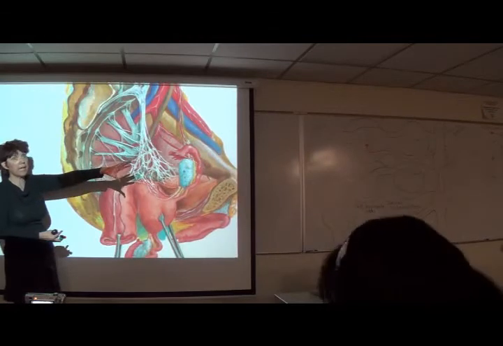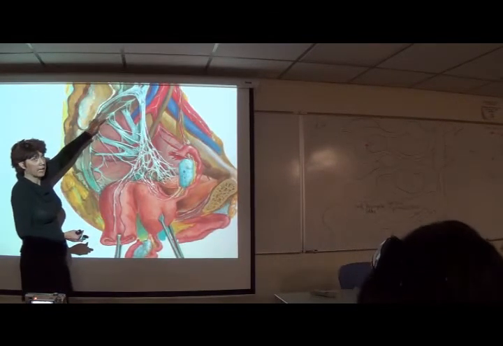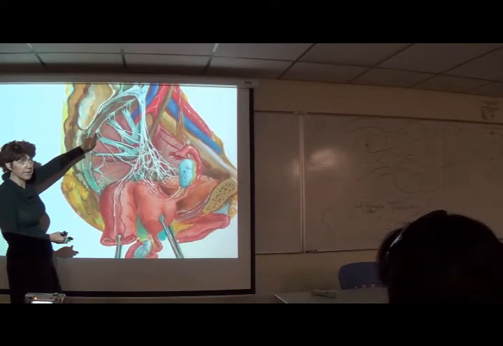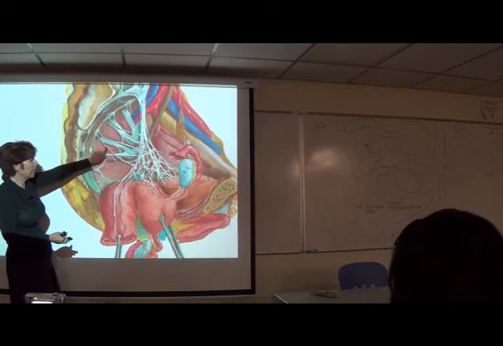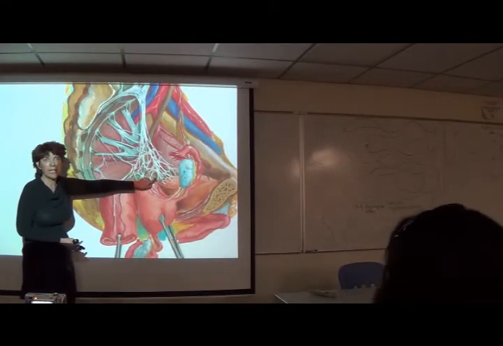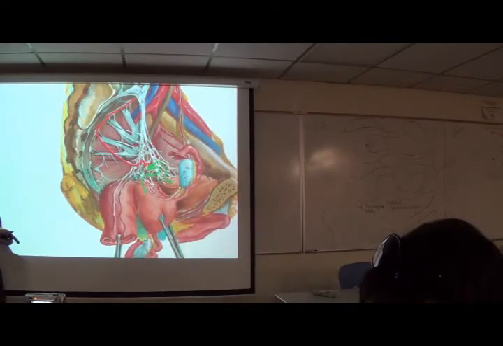So what I just diagrammed on the board is here. Preganglionic fibers coming down from the lumbar region of the spinal cord pass through the ganglia without synapsing and form a sacral splanchnic nerve going into the inferior hypogastric plexus, as seen here. Okay?